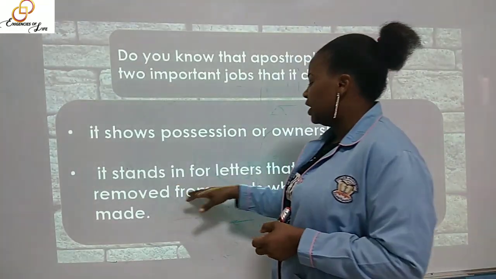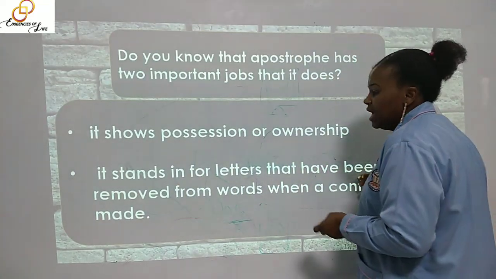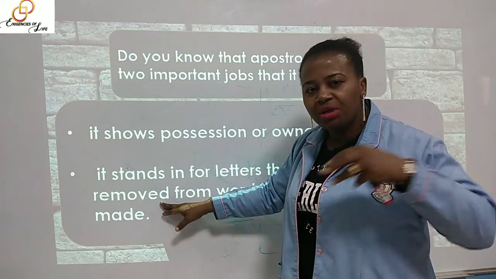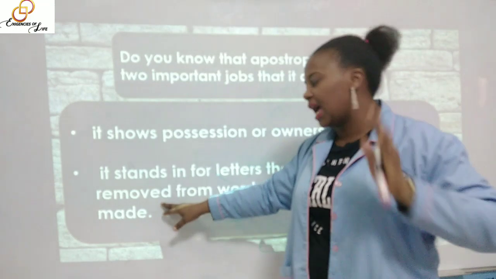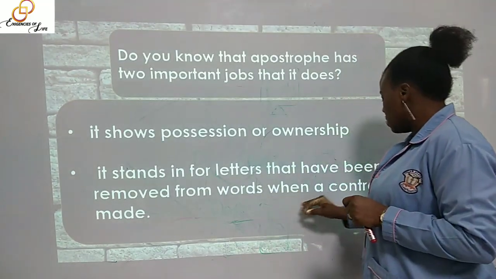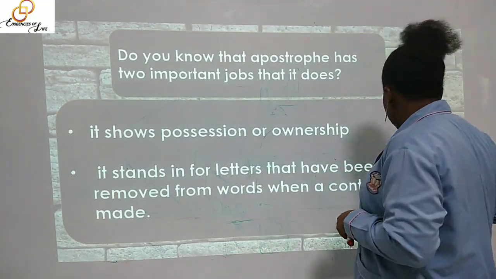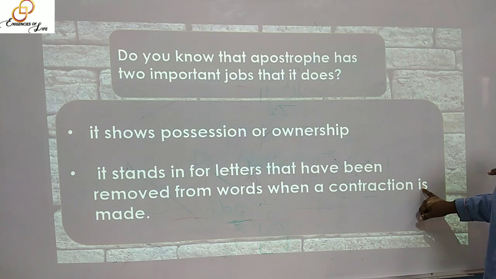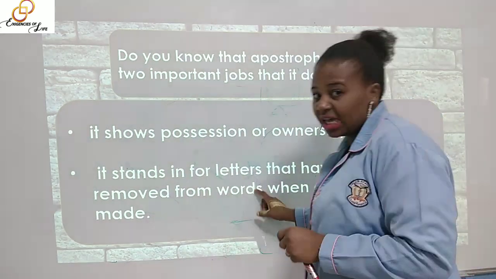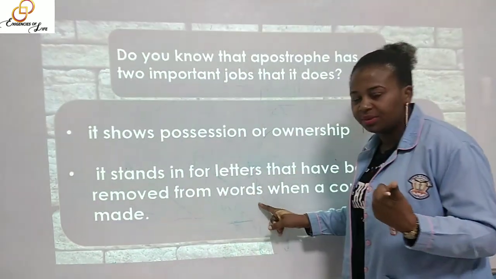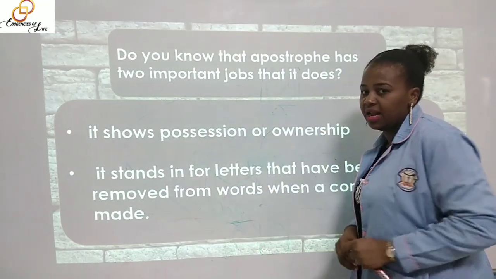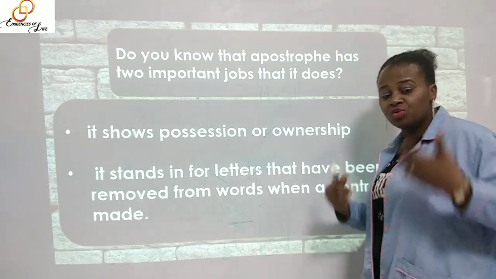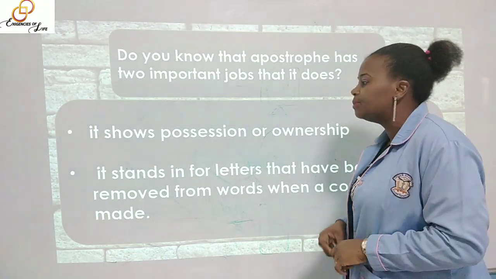The second is that it stands in for letters that have been removed, omitted or taken away from words when a contraction is made. What do we mean by this? I explained it while we were taking our objectives. All that is in our objectives is embedded in our lesson today. So we need you to pay attention so you understand.